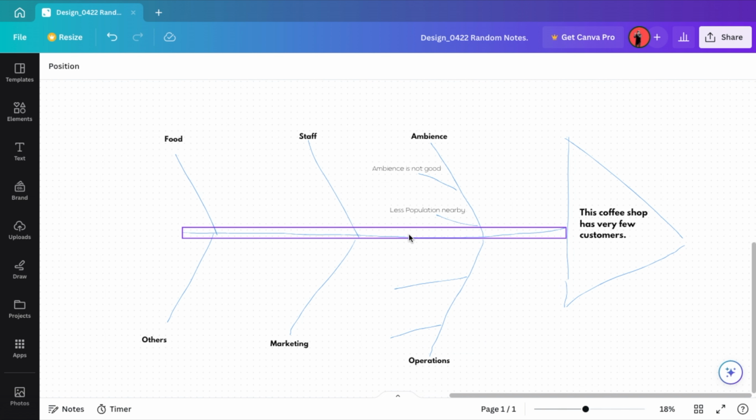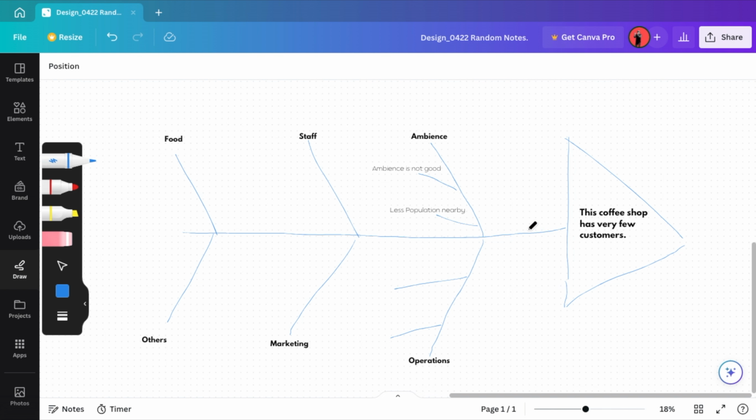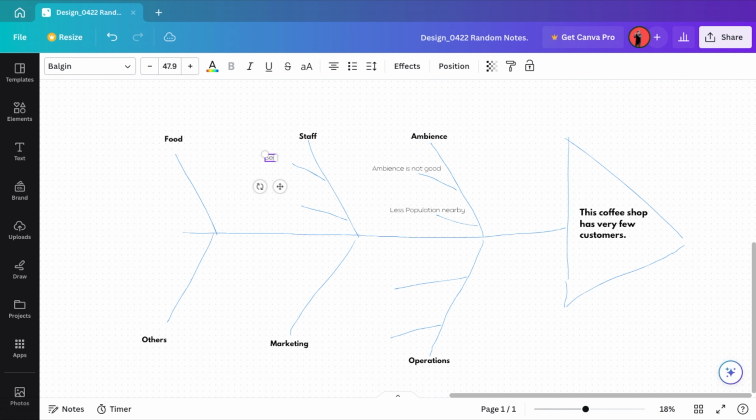Now, related to, let's say, staff. Is it because of a problem with the staff that the customers are fewer? So we are again going to identify, think about it, and then say that, okay, there are some problems with the staff. Service is not good, right?